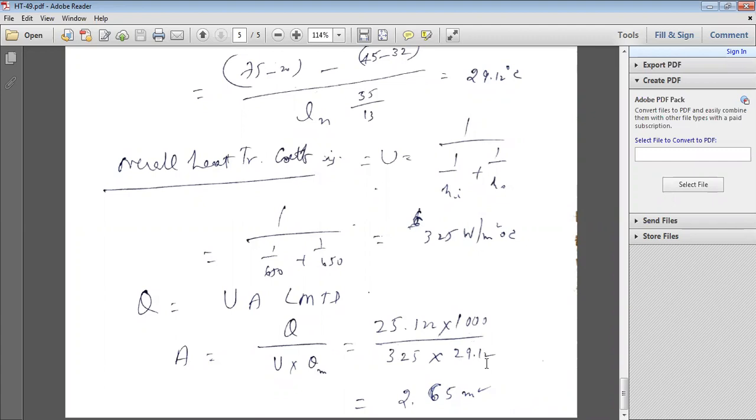If you calculate this, the area of the heat exchanger comes to 2.65 meters square.